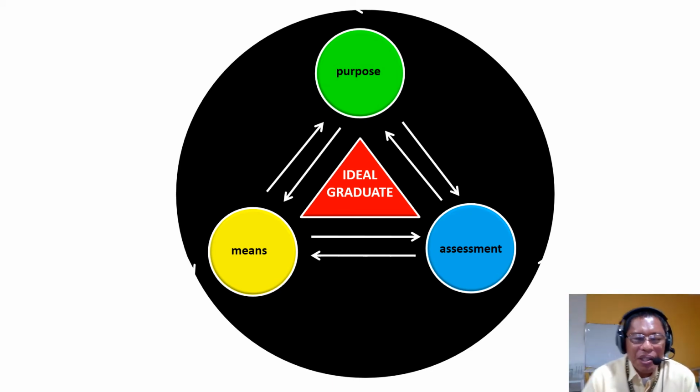They are in constant interplay with one another. The means are based on the purpose. The purpose determines the means. Assessment is based on the means. And assessment will determine whether the purpose has been achieved.